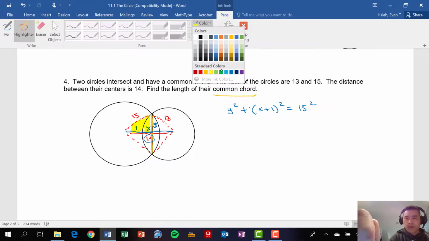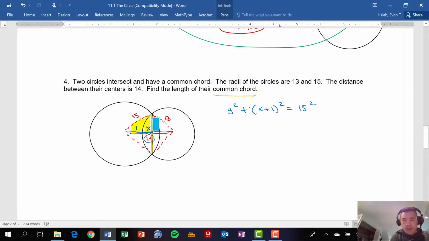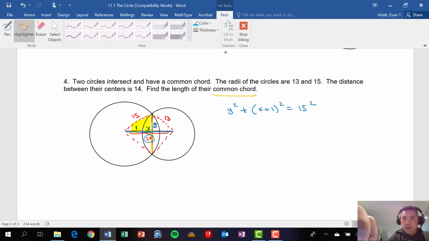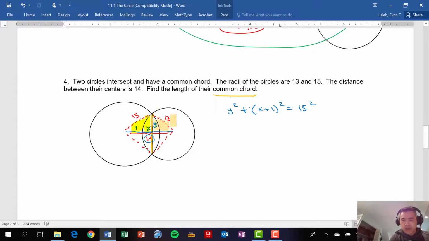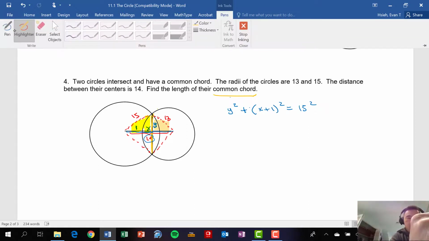Second one is going to come from, let's use a different color here, that right triangle right there.